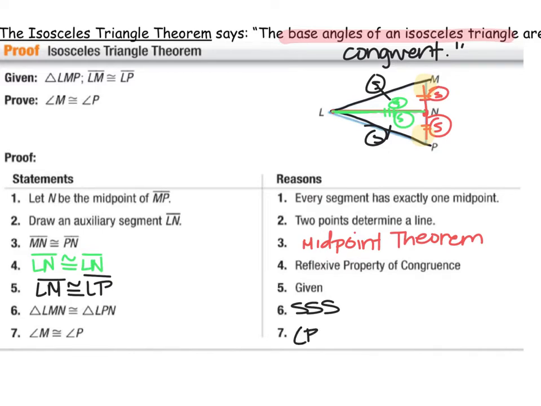If I know that the triangles are congruent, I know that their corresponding parts are congruent. And now I have proven the isosceles triangle theorem, which says that if I know that two sides of a triangle are congruent, then I can conclude that the base angles are congruent.